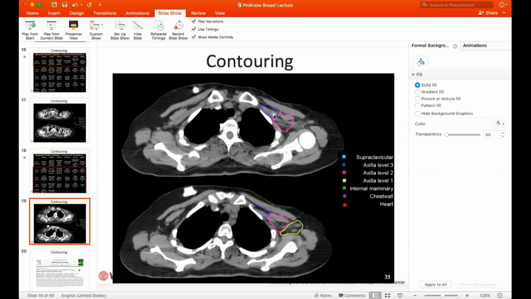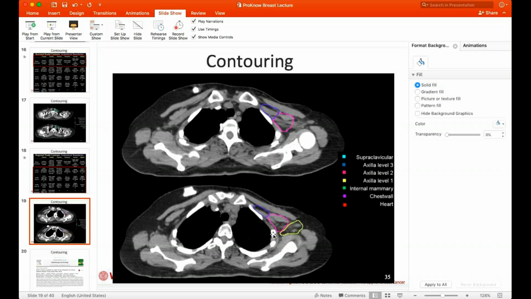So on this image, this is the pectoralis major. Here is the pectoralis minor just sitting posterior to the pectoralis major. You can see here are axillary vessels running medial and posterior to the pectoralis minor.